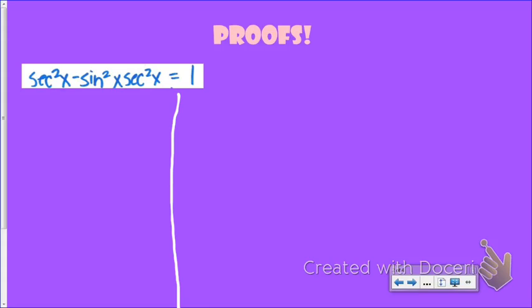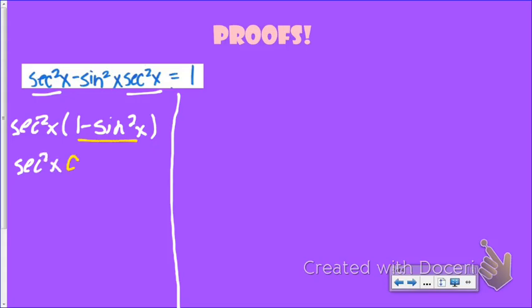So I'm going to look at this, and again, we're going to use some similar strategies that we've used before, and we'll do something a little bit different. But if you look at this question, I have a common factor here. Both terms have a secant squared x. So I'm going to take that secant squared x and factor it out. And then, if I look at my identities paper, I can replace that 1 minus sine squared x with cosine squared x.